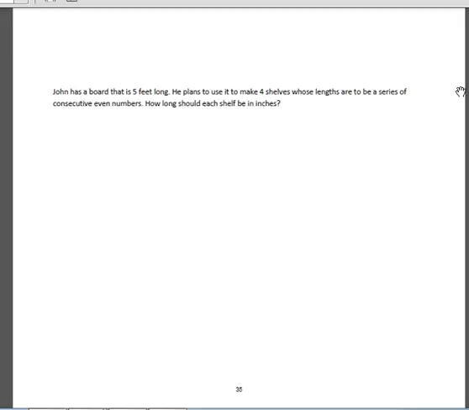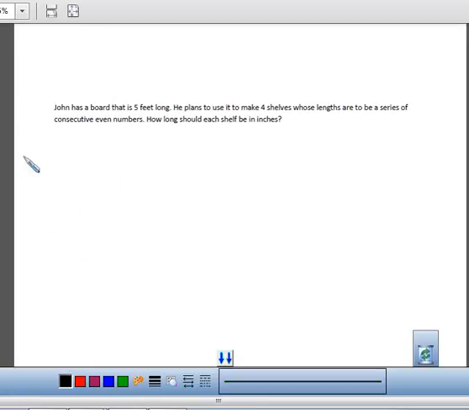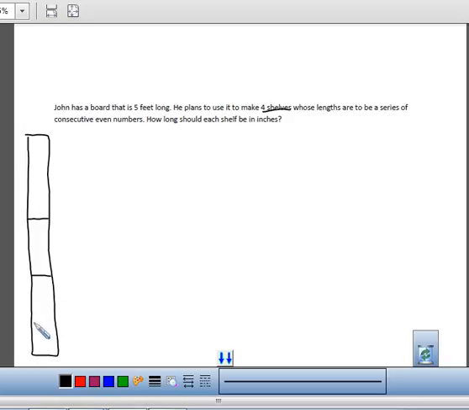Now, if you're wondering what this is talking about, in my mind, I picture a rectangular shaped board, and one of the shelves, so he's making 4, is going to be the longest, and then we're going to have another one that's a little bit shorter, and then another one that's a little bit shorter than that, and then one that's going to be the shortest of all.